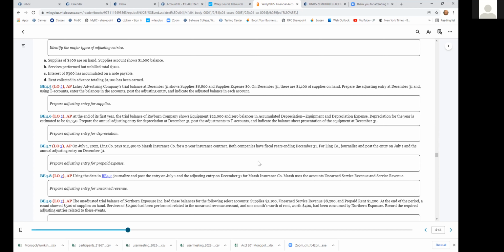Just give me the accounts, and then we'll walk through the dollar amounts. Well, in that case, the insurance expense is going to be debited, and the prepaid insurance, I think, is going to be credited. Yes. Good. Get the accounts first, and then worry about the dollar amounts.